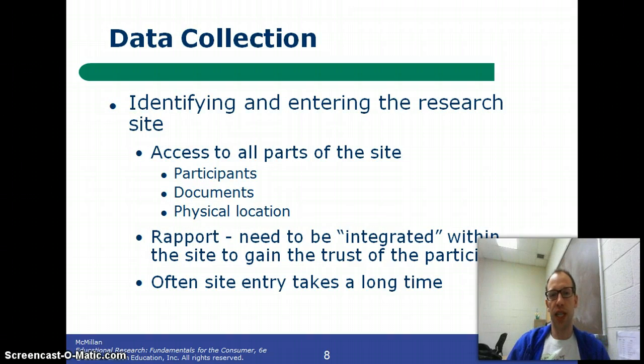Let's see, data collection. So again, this can be very tricky in qualitative because there's relationships involved, there's egos involved, there's cultures involved. There's a lot more concern for social well-being or social safety because of confidentiality issues.